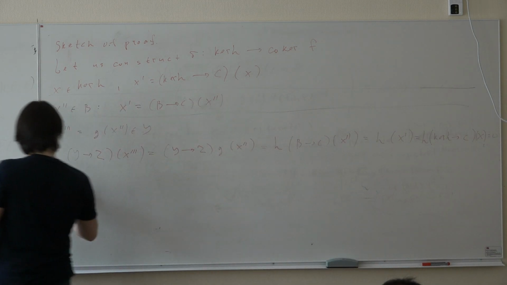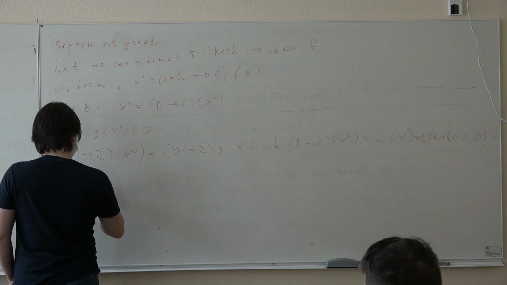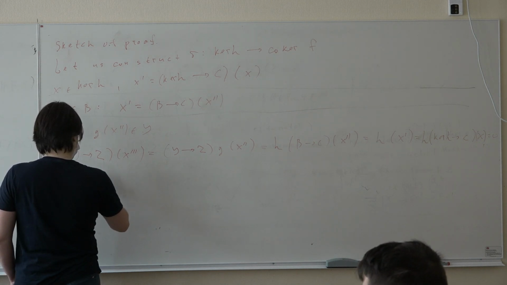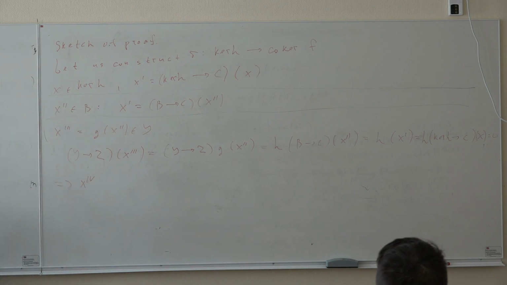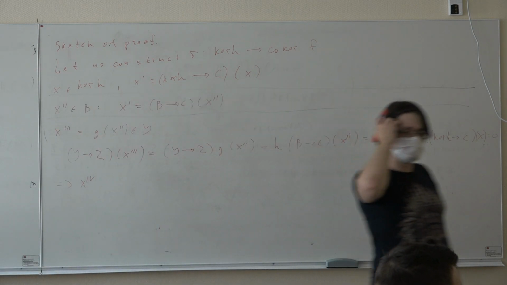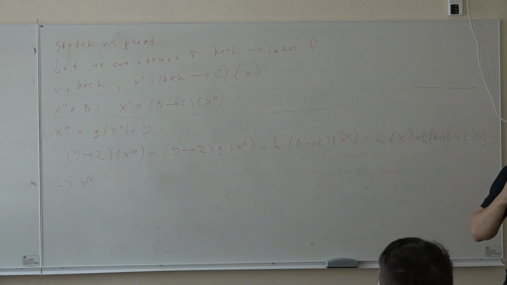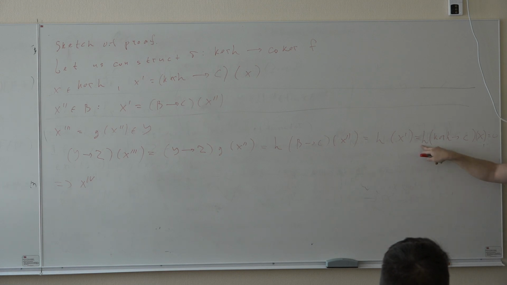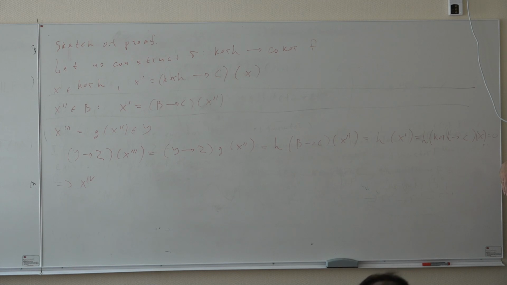And so there exists x4 such that... Can you repeat why it's equal to 0? Because we apply h to some element of the kernel of h. Kernel of h is exactly what goes to 0 when we apply h.